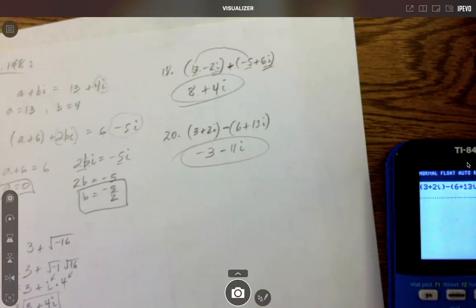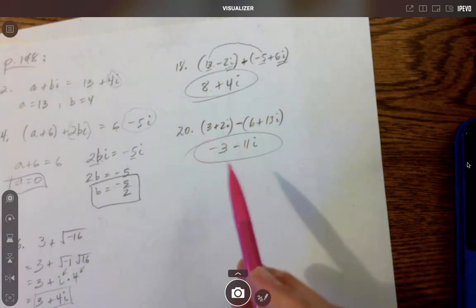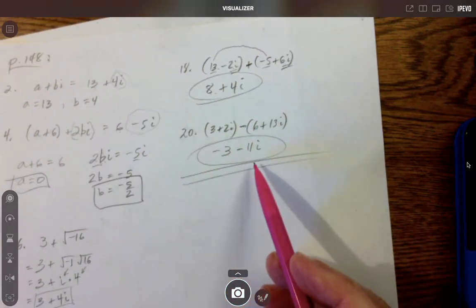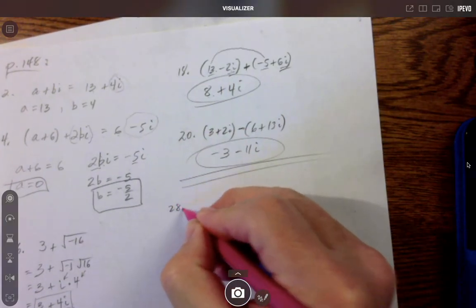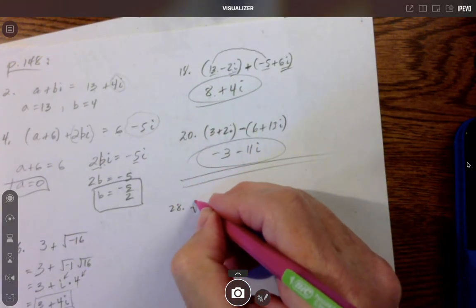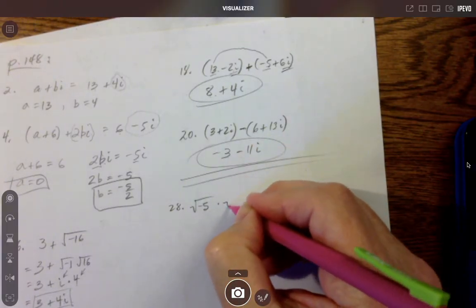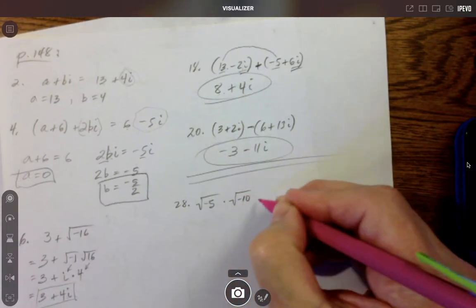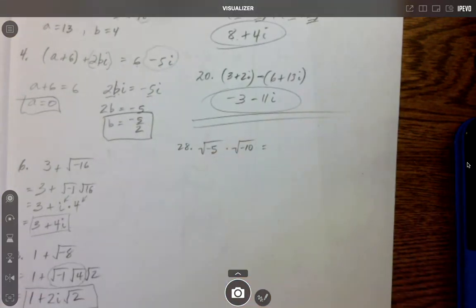So I'm not going to go over any more of those. Let's look at multiplication. So looking at 28, you're multiplying the square root of negative 5 times the square root of negative 10. Now, since these are both under square roots, you can just go ahead and multiply, right?